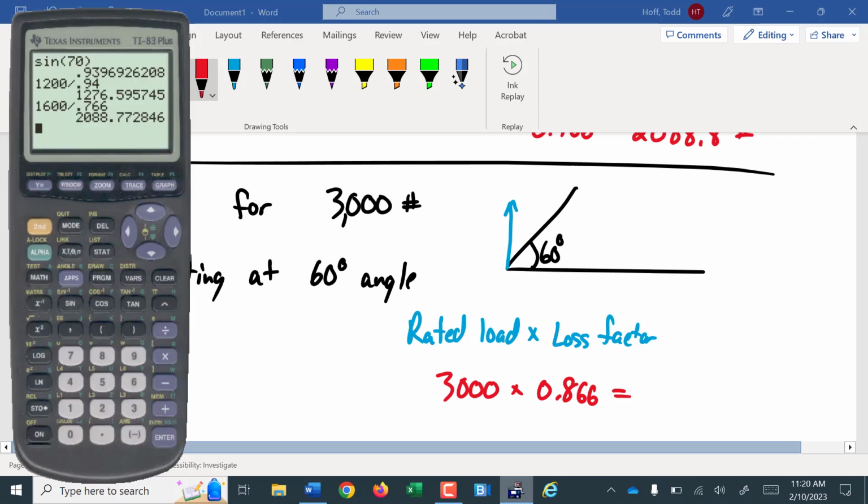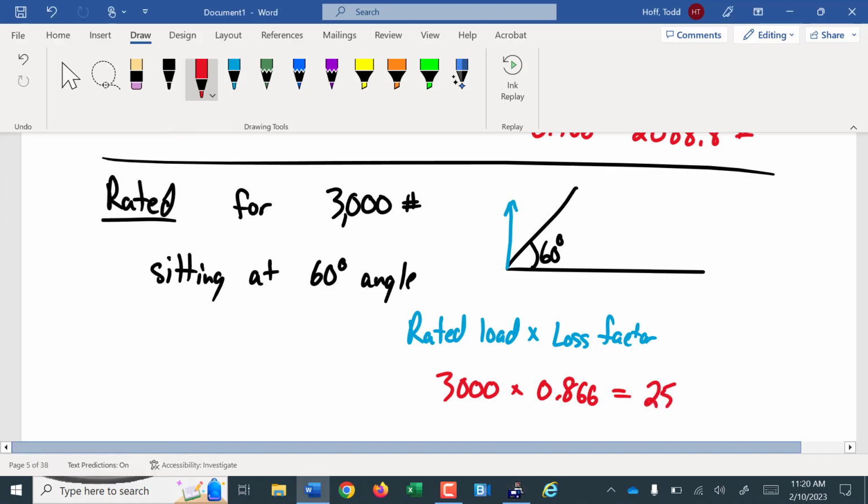It's going to be 25 something. 25.98. So that 3,000 pound cable, if it's at a 60-degree angle, is only going to be capable of supporting 2,598 pounds of a reaction.